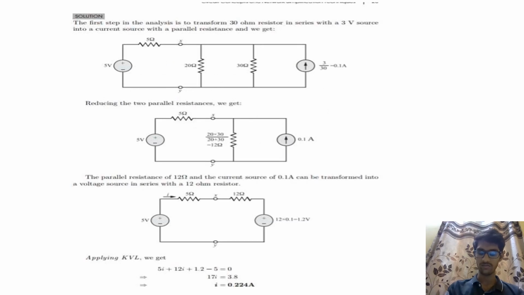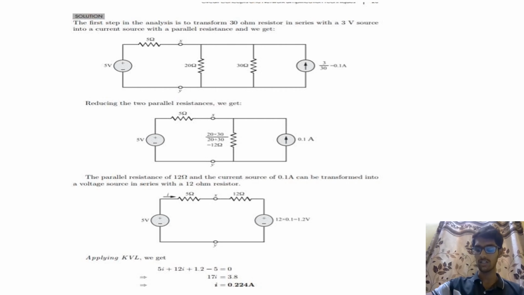First, we have been told to reduce the circuit from the right. So we have a 30 ohm resistor with a 3 volt voltage source. Let's convert the 3 volt voltage source to a current source.